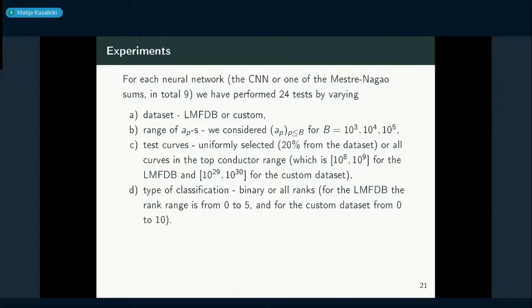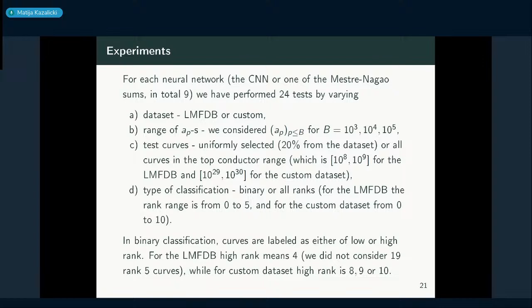And also we look at the two types of classification, the binary and all the ranks classification. So in the binary classification, we were only interested in deciding whether the curve has a small rank or not. Small rank for the LMFDB means the rank from 0 to 3, and in the custom data set, it's the ranks from 0 to 6.